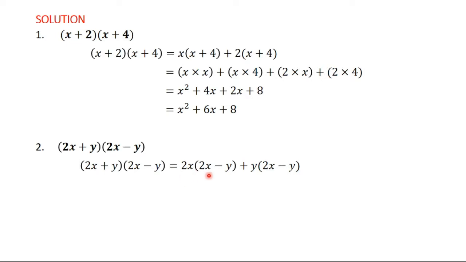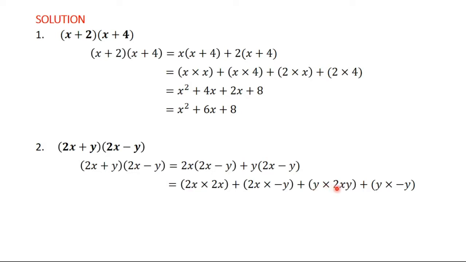So we are multiplying. We are going to have 2x times 2x in one bracket, then plus, once again I said after you've closed the bracket here, the next sign must be a positive sign. So plus, use what is outside the bracket here to multiply what is inside the bracket. So 2x times, the term here is minus y, so you're going to get 2x times minus y, then plus y times 2x.